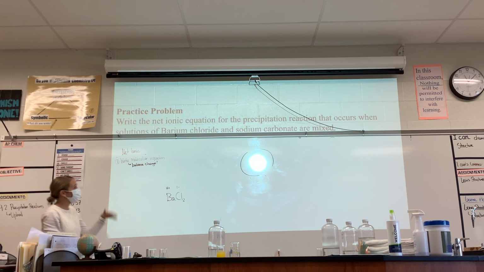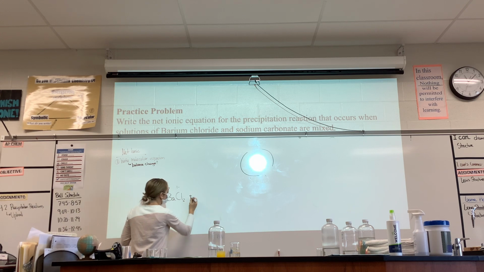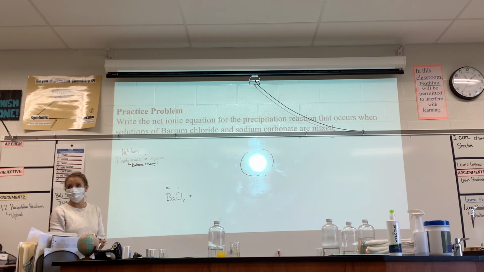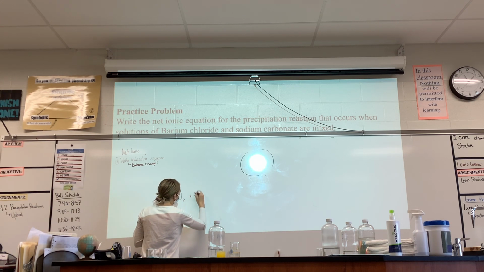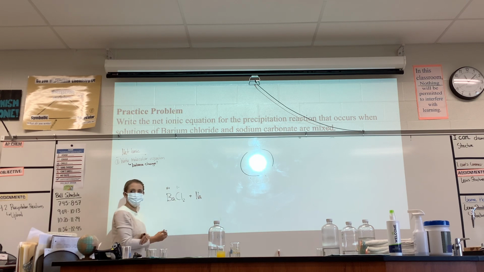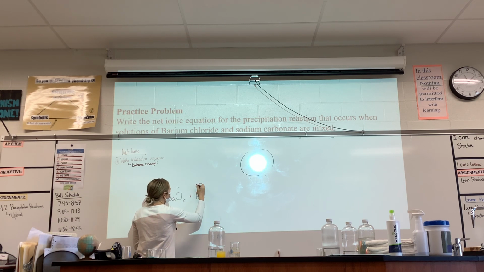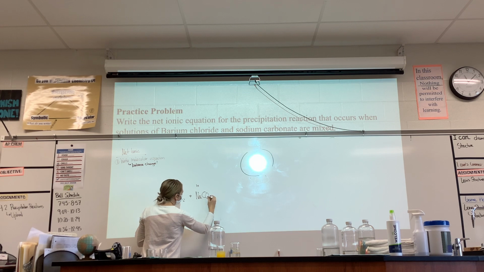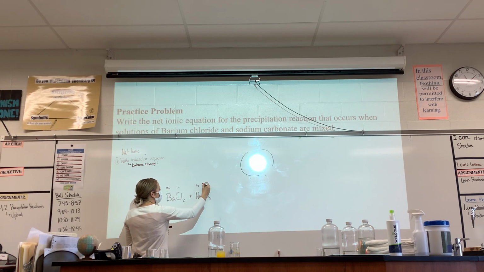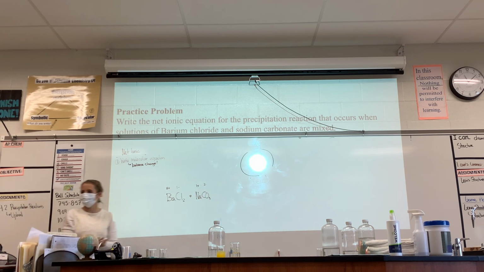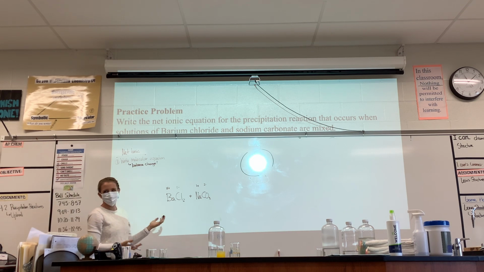It tells us barium chloride is going to react with sodium carbonate. Sodium is Na and it has a charge of plus 1. Carbonate has a charge of, that one's on your chart. If you can't remember, eventually we're going to memorize the polyatomics, but for now you can just look on your paper. Carbonate is 2 minus.